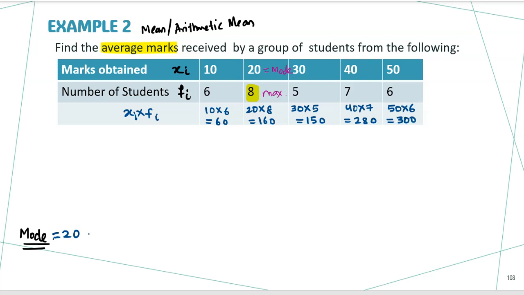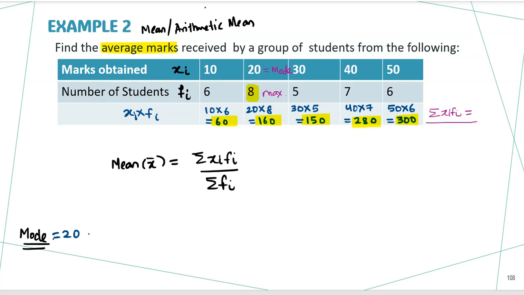The formula says the mean is the summation of xi fi over the summation of fi. You add all these numbers: 60, 160, 150, 280 and 300. This gives you the summation of xi fi, which is 950. When you add the frequencies 6, 8, 5, 7, 6, this gives the summation of fi, which is 30.